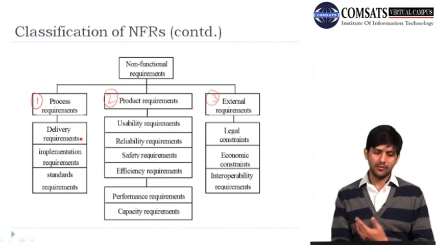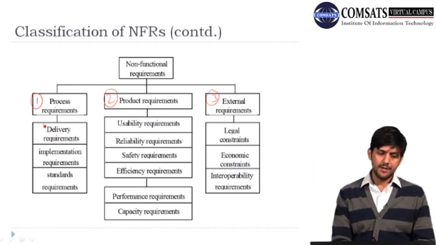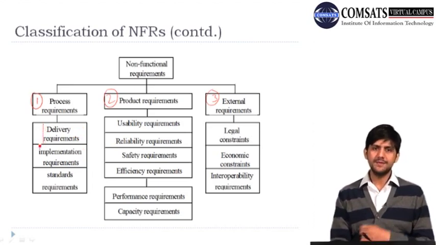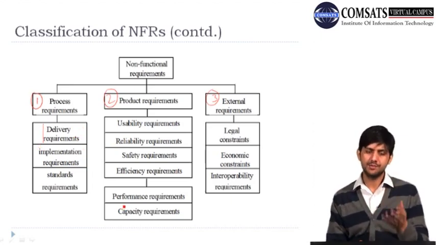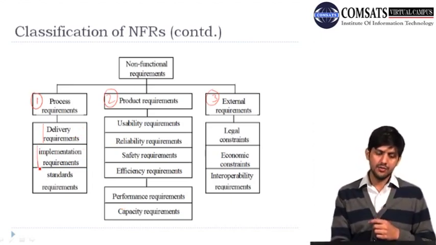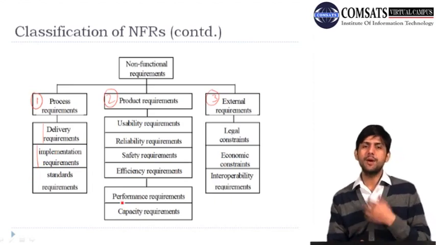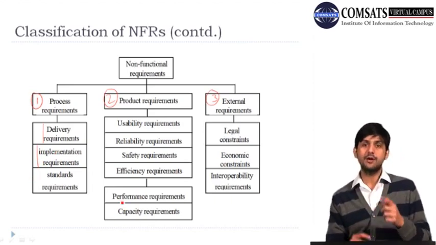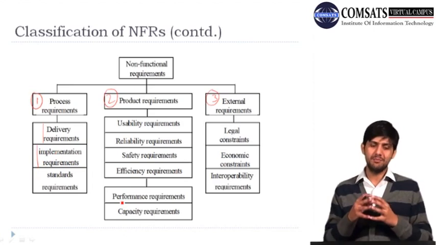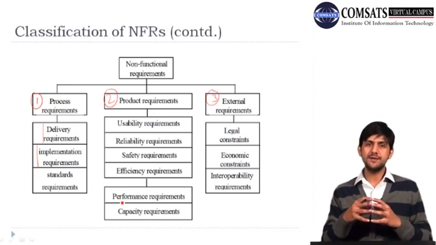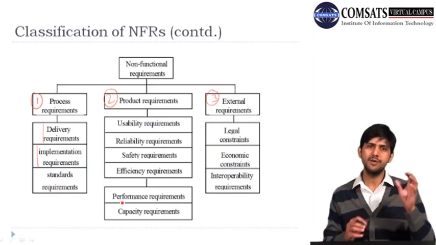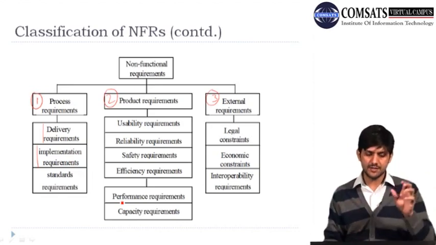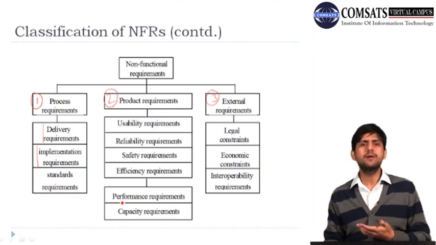In terms of the process requirements, you might want to put some constraints on your process in terms of delivery, how you are going to deliver this product to the client. Similarly, you can put some constraints on the implementation of the product, the way the product is going to be implemented. So that is a constraint on the process. So there might be some implementation requirements, and we are going to classify them as process non-functional requirements, and there can be some standard requirements.